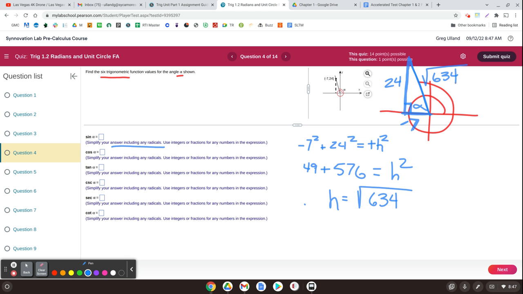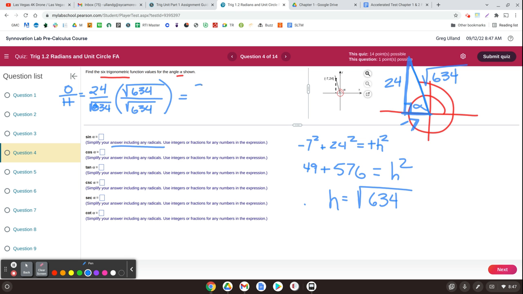So it is 24 over radical 634. Okay. All right, so we want to multiply that by radical 634 over radical 634.